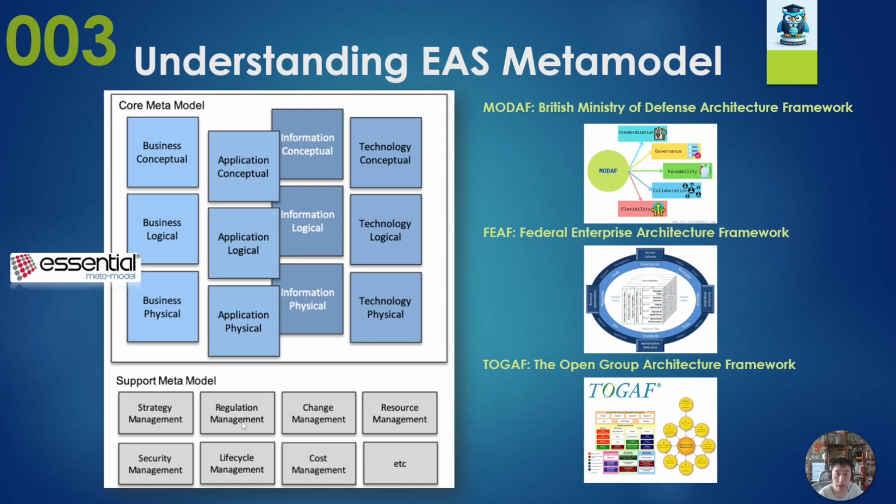Similarly, regulation. In the BizBook, policy is also one of these surrounding domains within the business architecture landscape. But in EAS, regulation management we put separately. Change normally includes programs or projects.